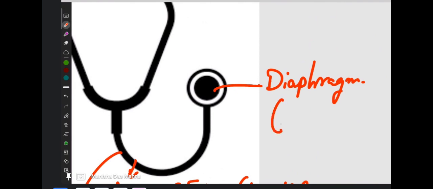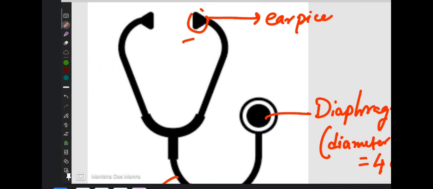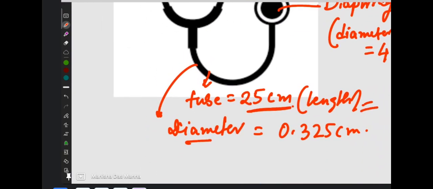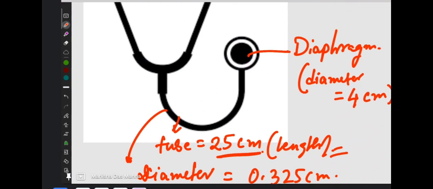The diameter of the diaphragm must be 4 centimeter ideally. So an ideal stethoscope should have oil fitting earpieces and a thick long tube of 25 centimeter length and 0.325 centimeter in diameter, and a diaphragm of 4 centimeter.